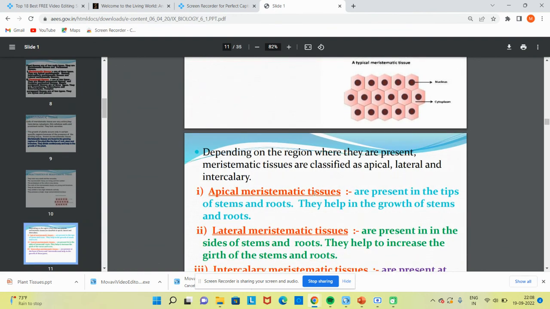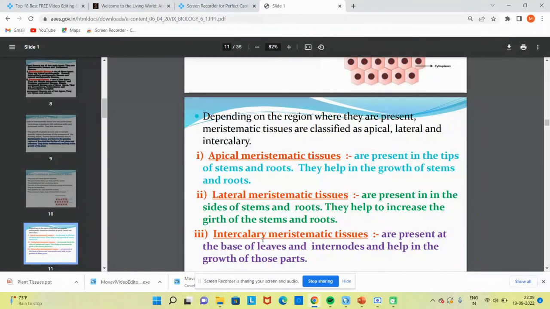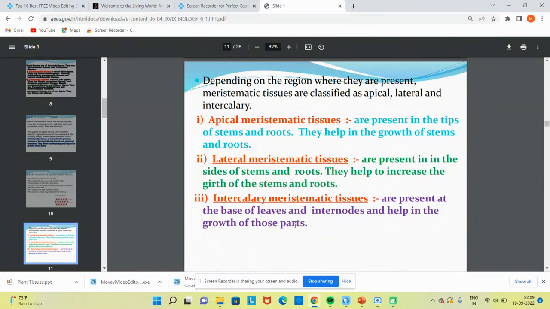Meristematic tissues are classified into different types based on different characters. Based on position, they are classified into three types: apical meristem, lateral meristematic tissues, and intercalary meristematic tissues. Apical meristematic tissues are present in the tips of the stems and roots, and they help in the growth of the stems and roots.